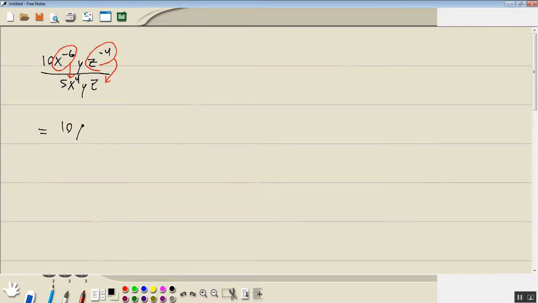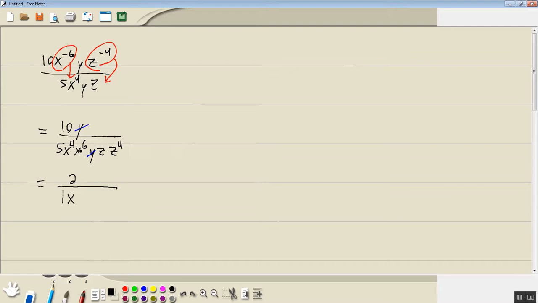So I'm going to have 10y over 5x to the 4th. Now bring the x to the negative 6 down, it becomes x to the positive 6, y, z, and this z to the negative 4 becomes z to the positive 4. Right away I notice I have a y here and a y here, so those are going to cancel. Now 10 and 5 are both divisible by 5. 10 divided by 5 is 2, 5 divided by 5 is 1.